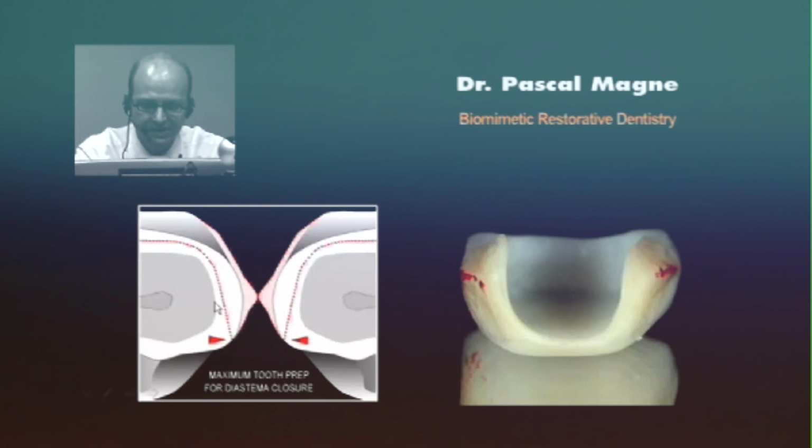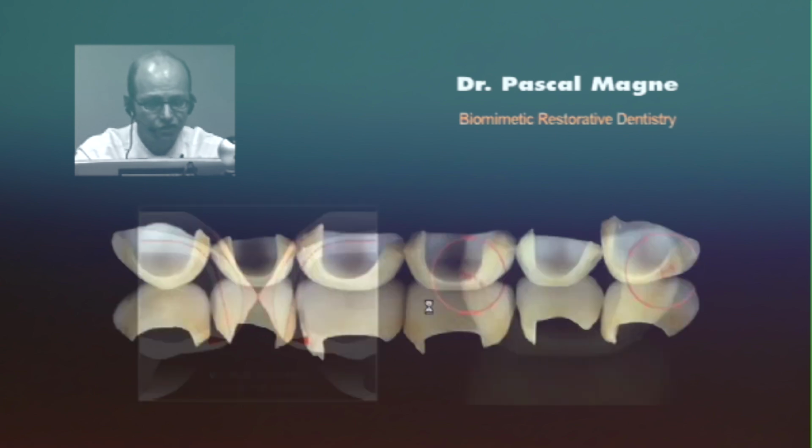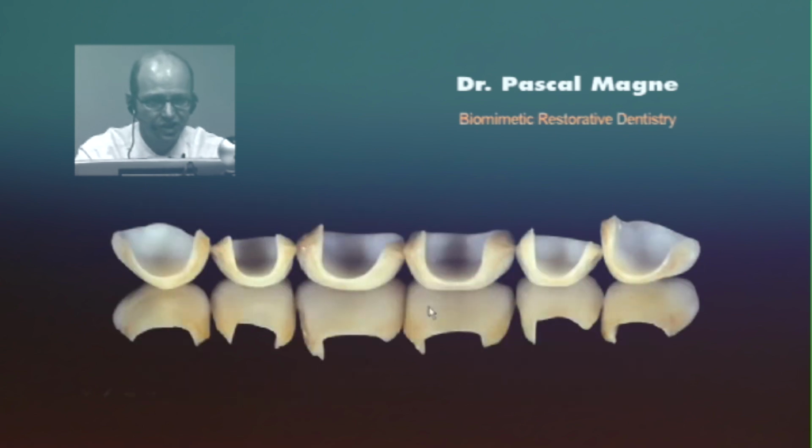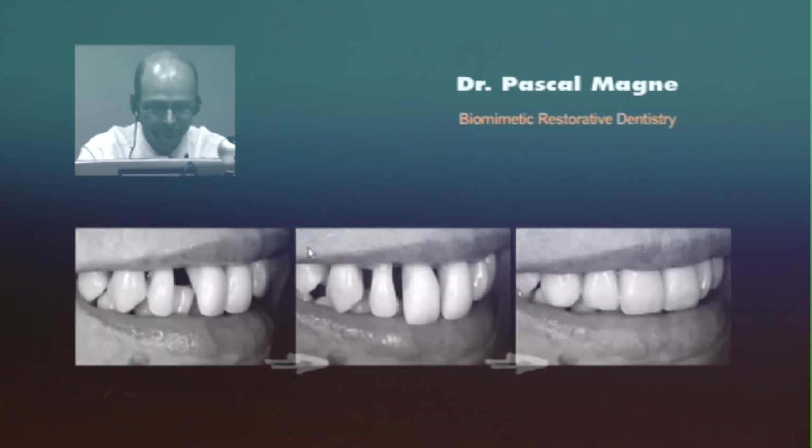Through the extensive interdental preparation, he could recreate the mini wings to compensate for the lack of the papilla. And because we use a more saturated porcelain, it is not going to alter the general perception of the tooth. These teeth will not look bulky despite their extensive interdental development.